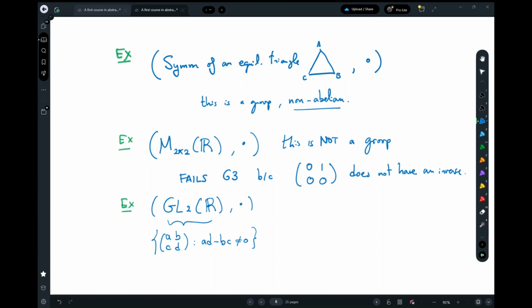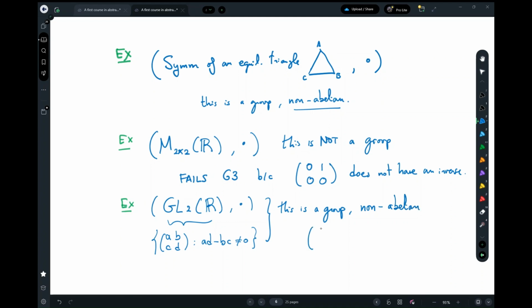All of those have inverses, and matrix multiplication is associative. The identity matrix is the neutral element with respect to multiplication, and we have inverses, so this is a group. But it is non-abelian. It is not a commutative group.